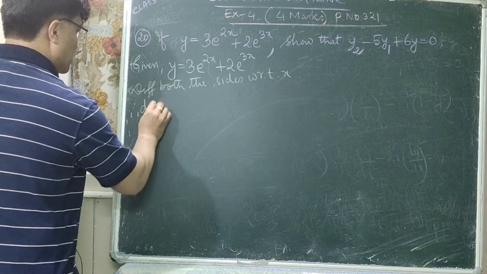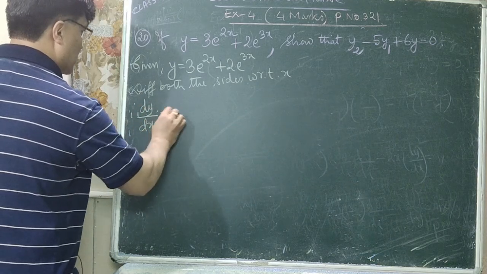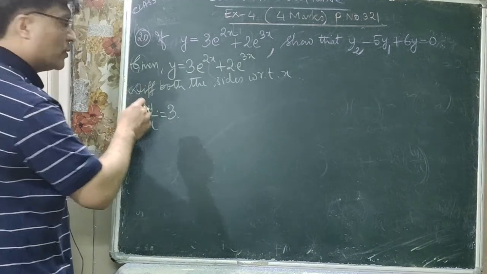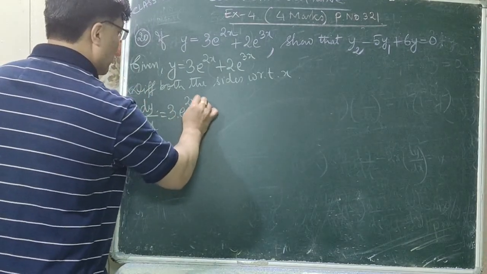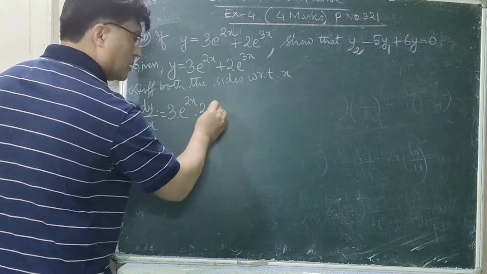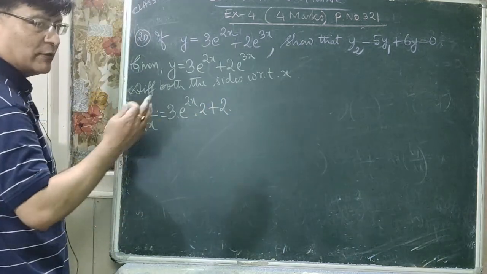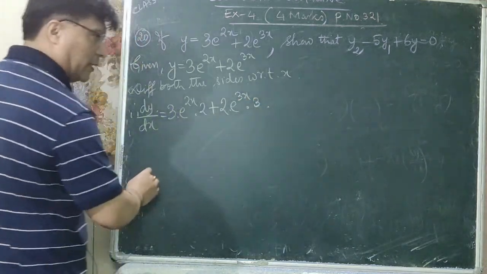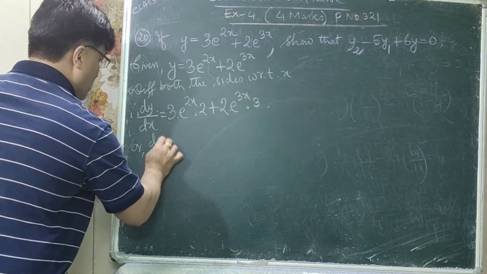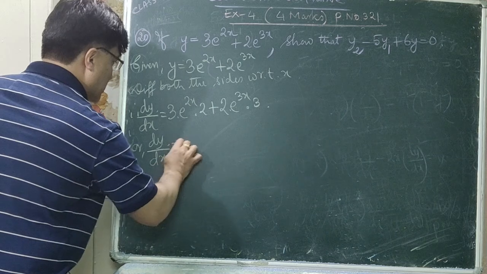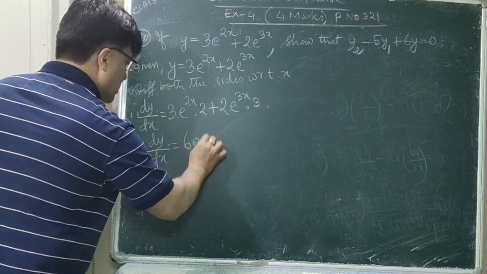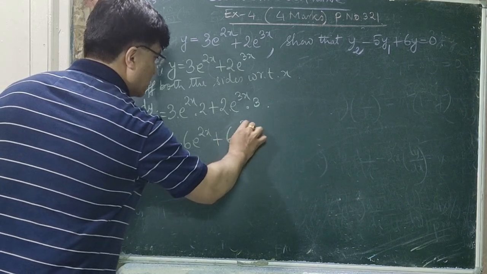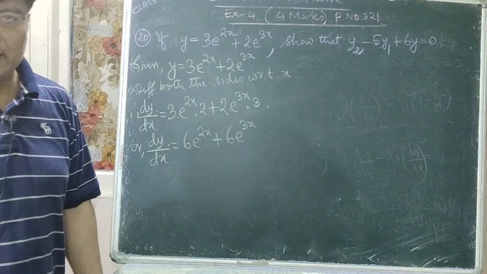So therefore dy by dx is equal to 3 into, now differentiate e to the power 2x with respect to x, e to the power 2x into 2, plus 2 is kept as it is. Now differentiate e to the power 3x, e to the power 3x into 3. So dy by dx is equal to 3 2s are 6 e to the power 2x plus again 2 3s are 6 e to the power 3x, right?